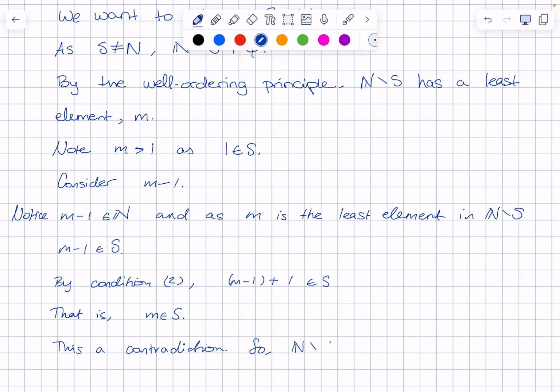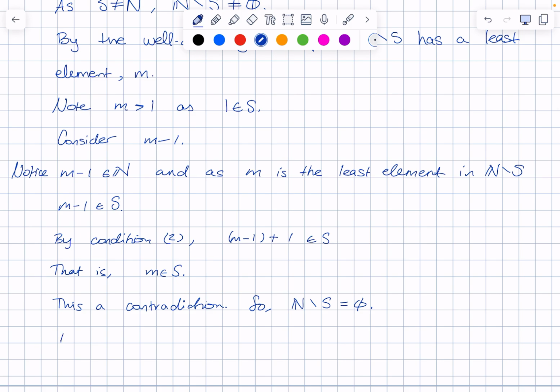So N take out S is empty. That is, our set S is precisely the set of natural numbers.